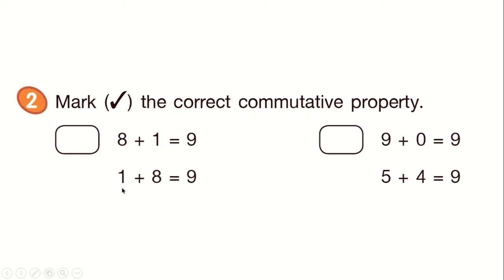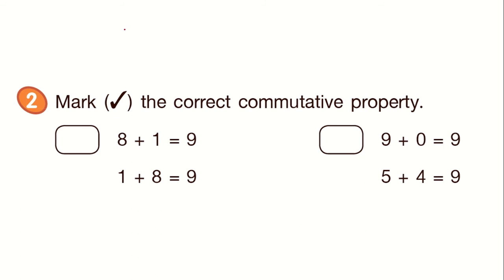Let's look at practice number 2. Mark the correct commutative property. Remember, we said that for commutative property, we can change the position of numbers and we remain with the same answer.